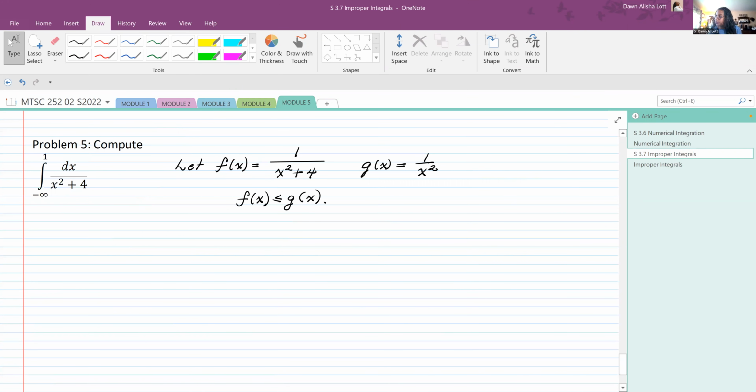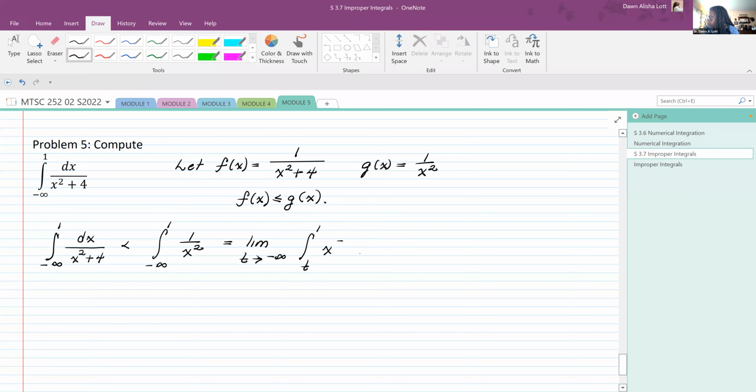So now what we want to do is we have the integral from minus infinity to 1 of dx over x squared plus 4 is definitely less than the integral from minus infinity to 1 of 1 over x squared. But that is equal to the limit as t approaches negative infinity of the integral from t to 1 of x to the -2 dx.